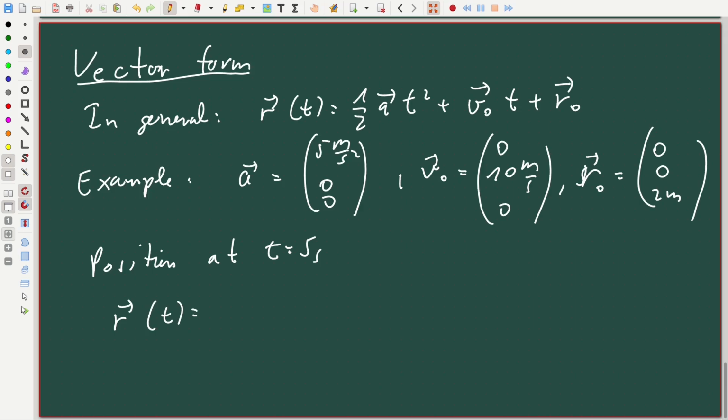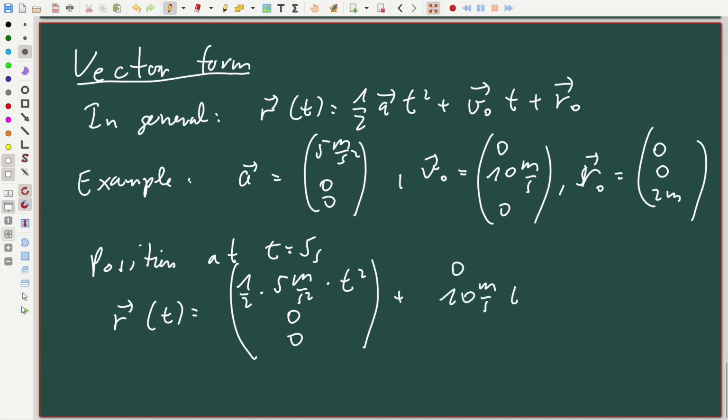First we have to calculate the integral. So we can write here 1/2 times 5 meter per square second times t square, 0, 0, plus 0, 10 meter per second t, 0, and then here we can write 0, 0, 2 meter.